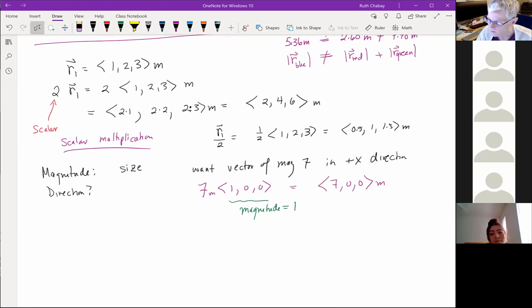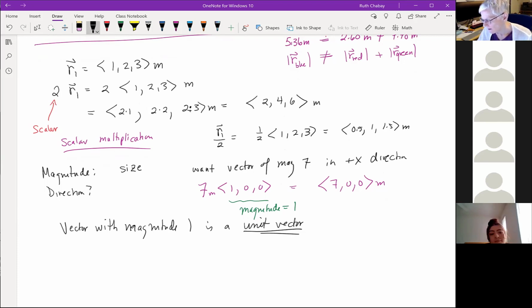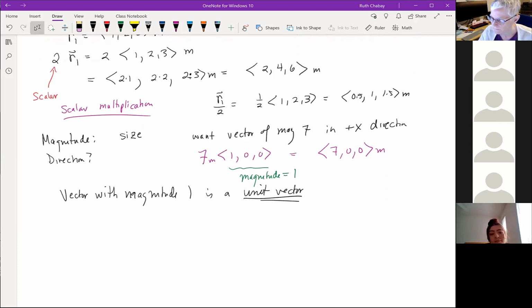So a vector with magnitude 1 is called a unit vector. And there are some special ones. There's one that points along the x-axis, sometimes called i hat.